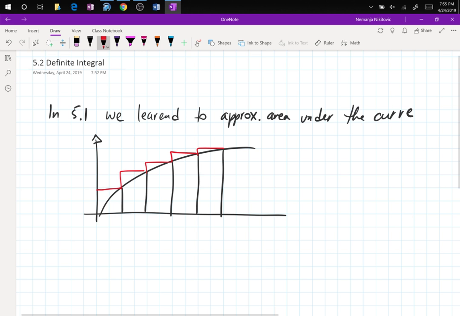So now what I want to do is cut each one of those rectangles in half, practically doubling the amount of rectangles. So what happens now? What happens is the amount of error immediately decreases.